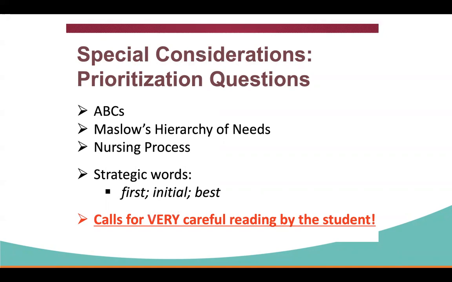When prioritizing your nursing actions for prioritization questions, you should consider ABCs, airway, breathing, circulation, Maslow's hierarchy of needs, or the nursing process. A few strategic words associated with prioritization questions are first, initial, or best. Choosing the right answer often involves choosing the best of several answers that have correct information, and as such requires careful reading of all of the answer choices.